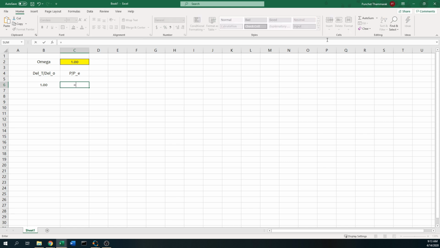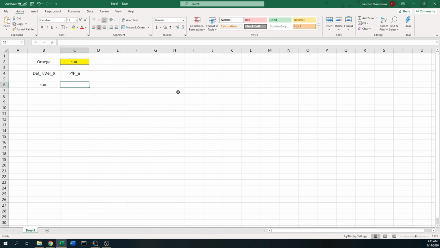So this turns out to be, what is the expression? 1 divided by 1 minus, sorry. We got to start the other way around.